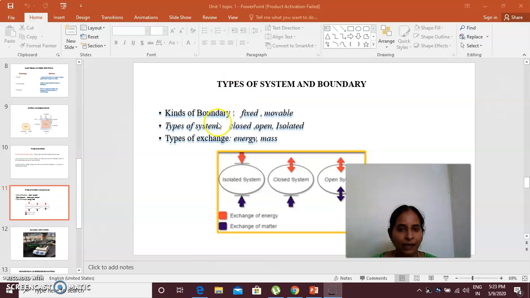Here you can see the types of boundaries and the various types of energy exchange, which was already explained. The boundaries can be of two types: fixed or movable. That is, we can change the boundary or it can be fixed. And the types of systems involve energy exchange as well as mass exchange.